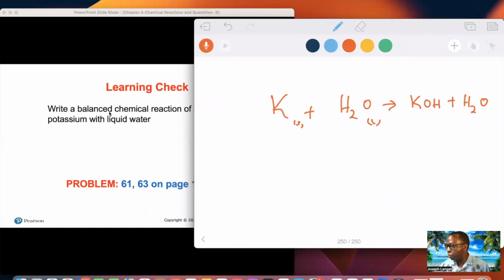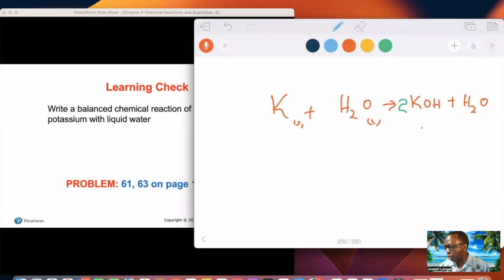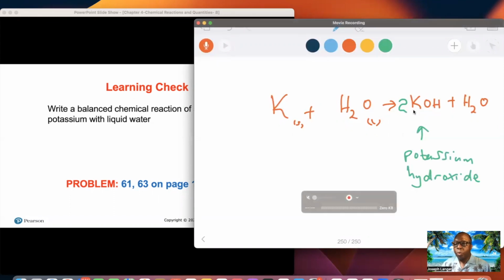So here we have two hydrogens, plus 1 is 3. We have 2 on this side. So if I put a 2 in front of potassium hydroxide, liquid H2O, 2 hydrogens plus 2 is 4, so I need a 2 in front of H2O.